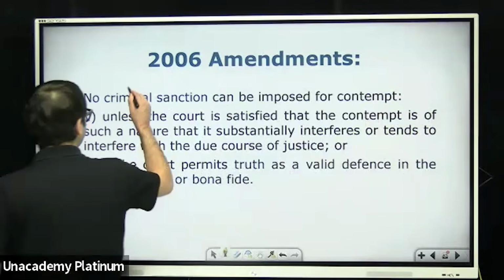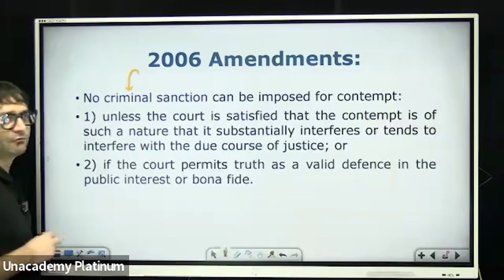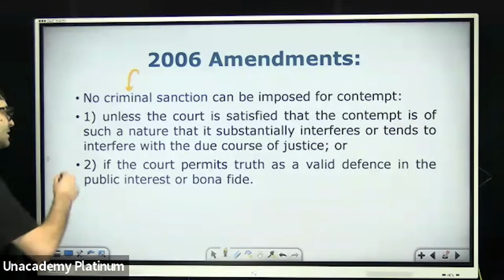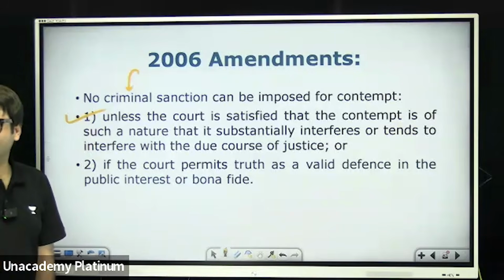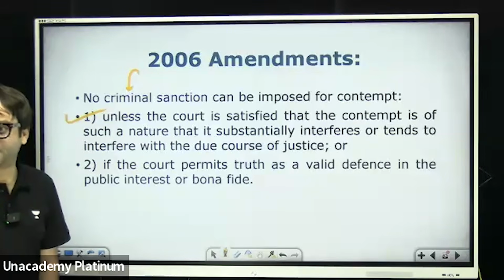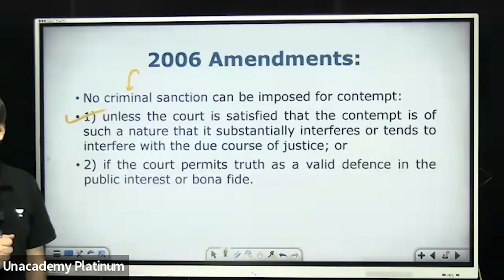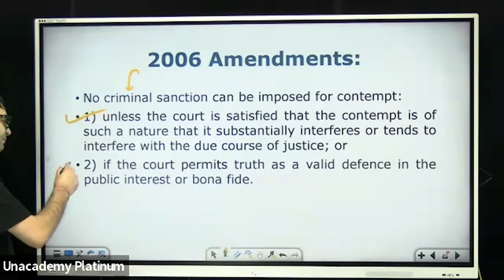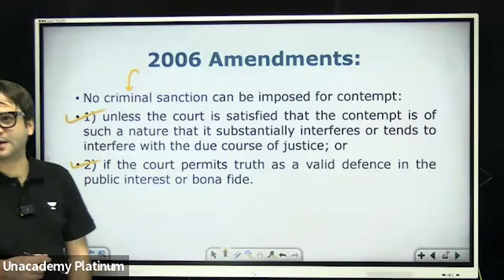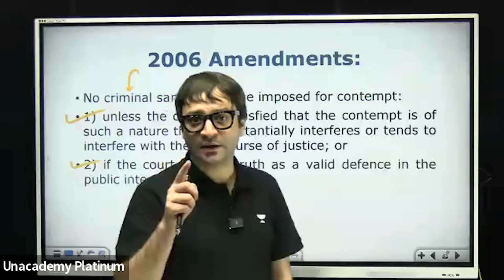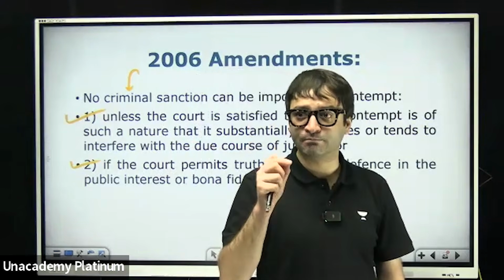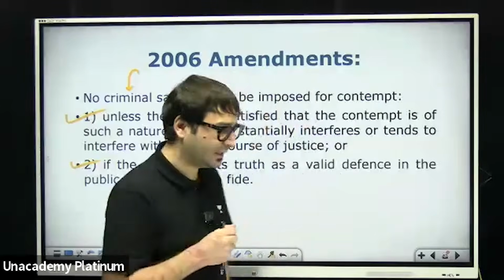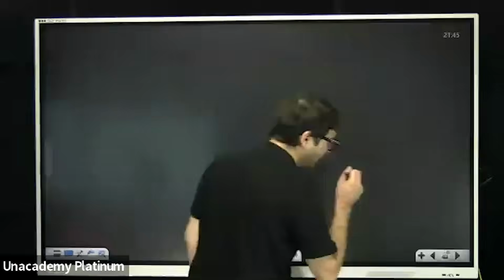Number one, no criminal sanction can be given for contempt unless the court is satisfied that the contempt is such that it genuinely interferes with the justice, or the court permits truth as a valid defense if this truth is given in larger public interest, in good faith, bona fide. What does that mean? Let me explain with an example.